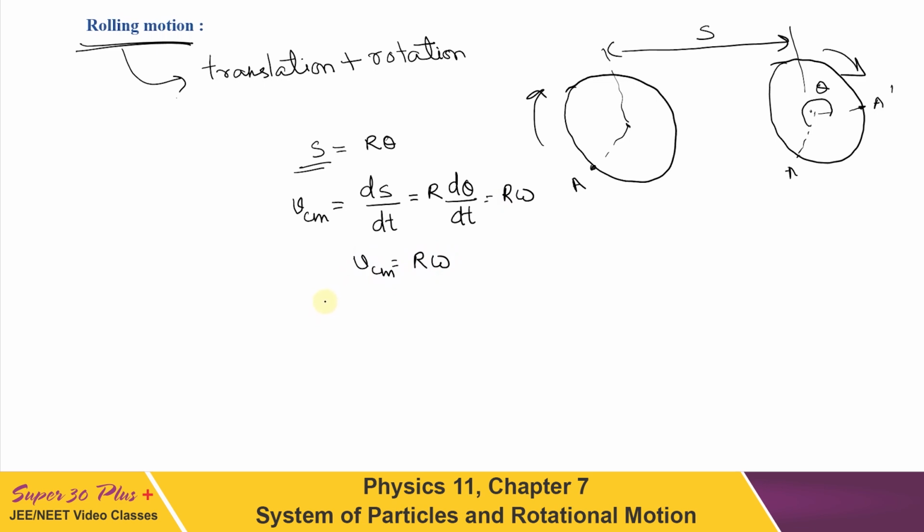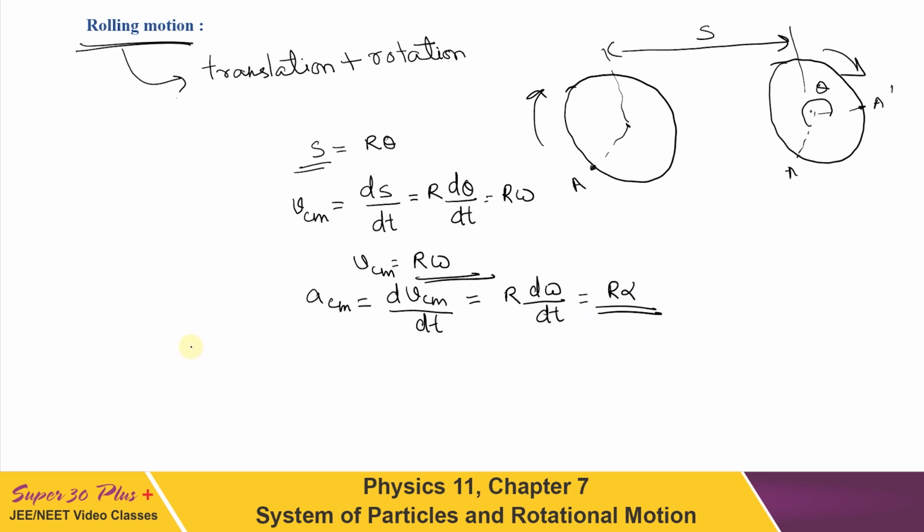Similarly, if I differentiate it again, ACM is dVCM by dt, that will be equal to r d omega by dt, which is r alpha. So we got these two relations: VCM is equal to r omega and ACM is equal to r alpha. And from here we can now express rolling motion as a combination of translation plus rotation.